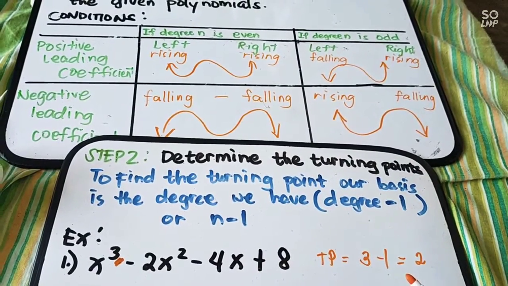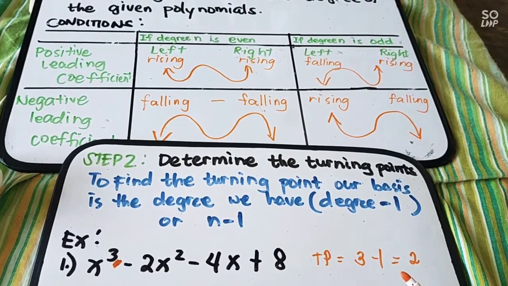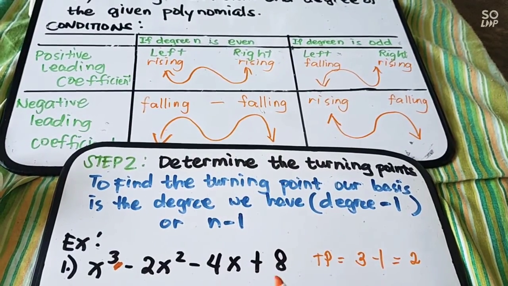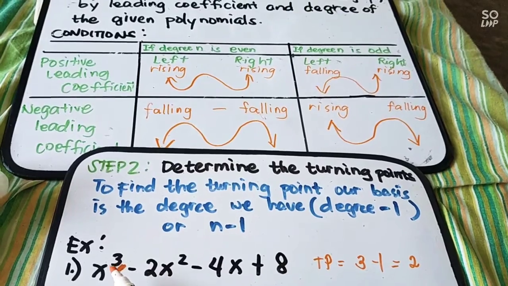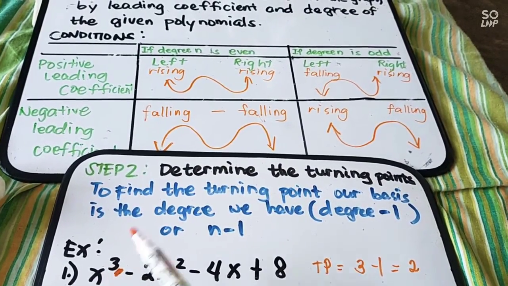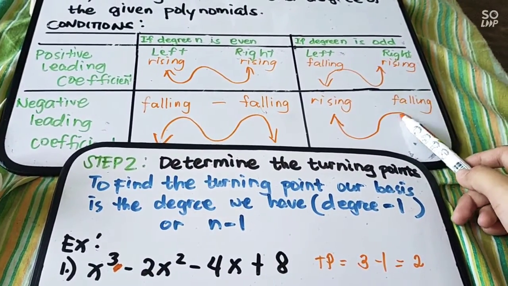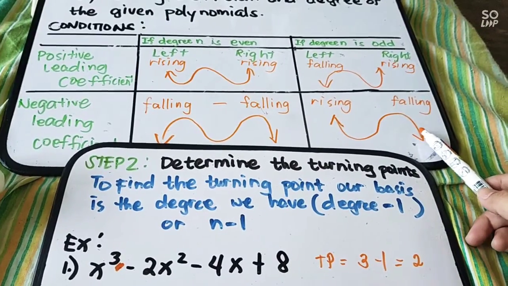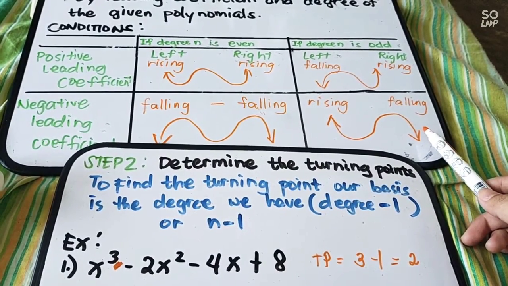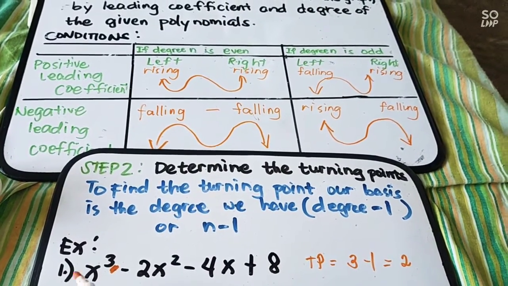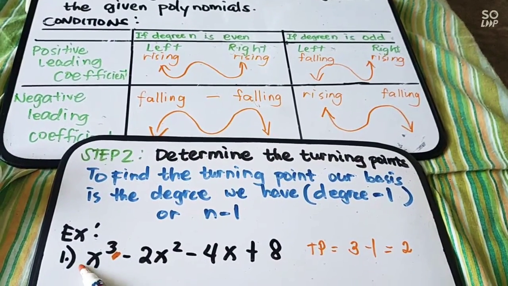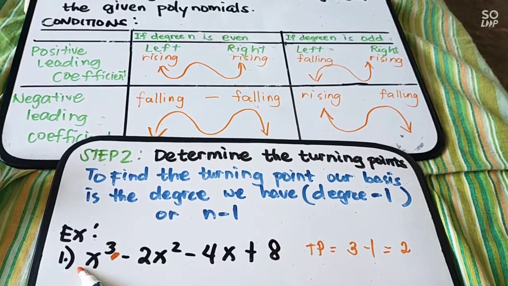Now, what's our condition here? What's the behavior of the graph? Since the degree is odd, that is our basis. Since the degree is odd, next we have the leading coefficient, which is positive, right? Positive 1 is our leading coefficient.